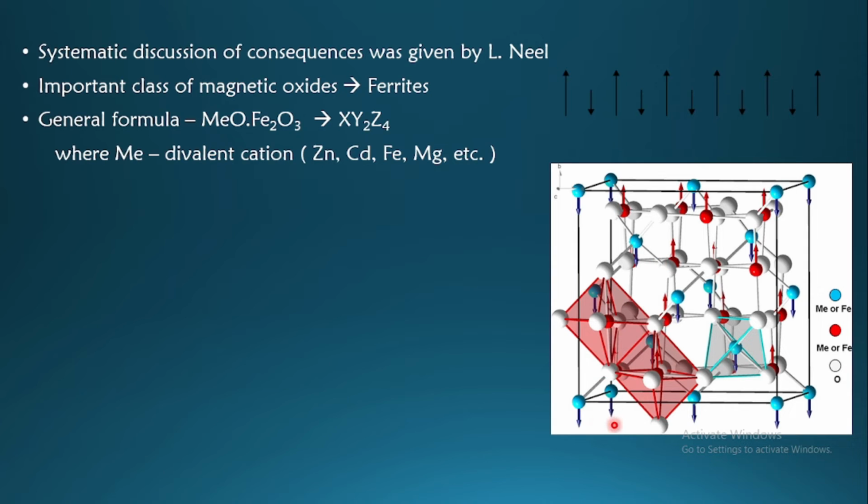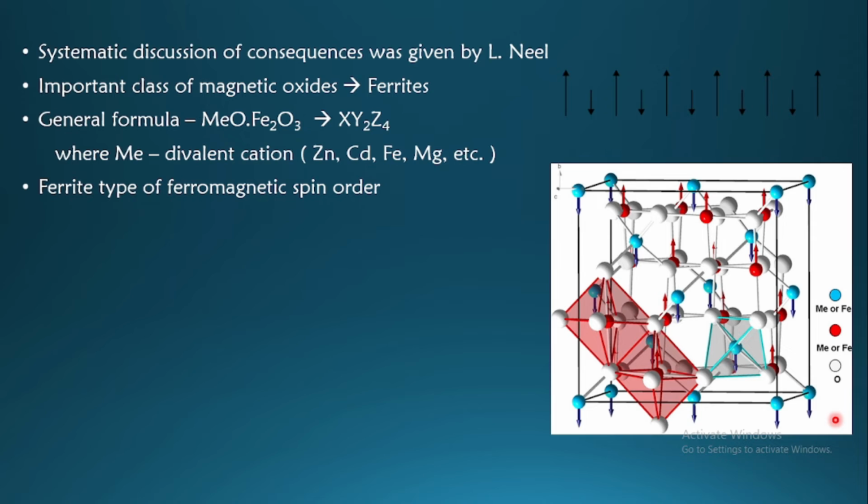That is, one is in the downward direction, one is in the upward direction, and the magnitude is not going to be equal. If you look here, the magnitudes are also different. So net magnetization is not equal to 0. The structure in detail we will study in the next class when we study the types of ferrites.